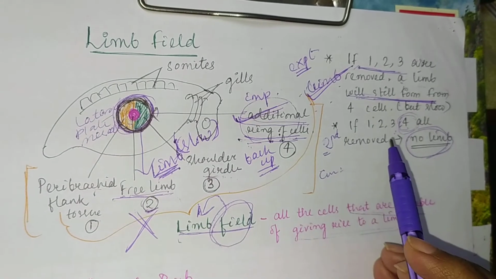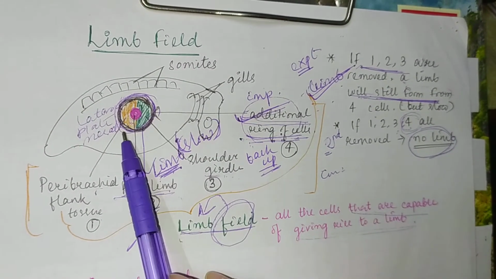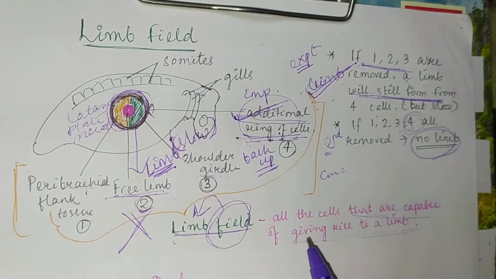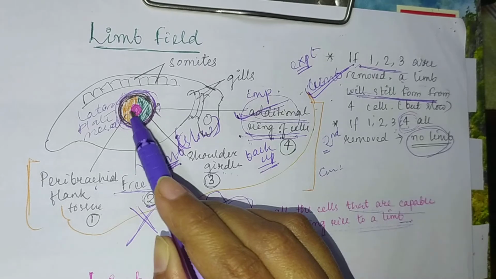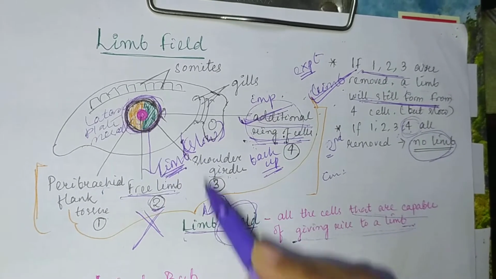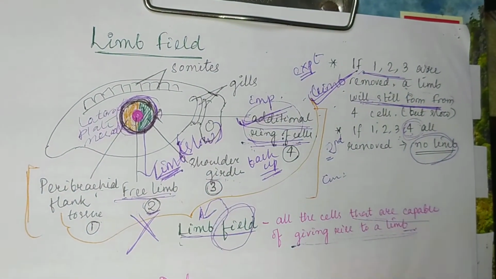So from this experiment, they demonstrated that all of these cells are capable of giving rise to a limb, but normally all these cells which are inside the disc give rise to a functional limb.